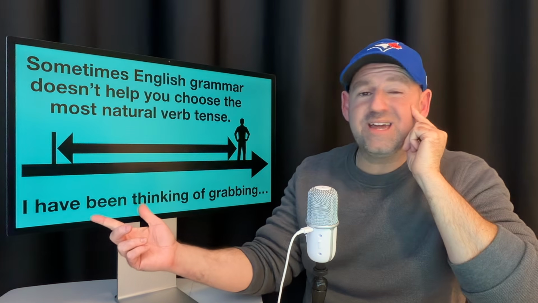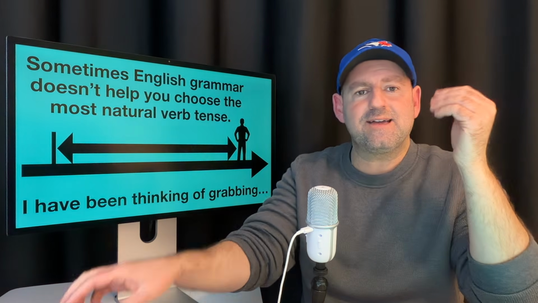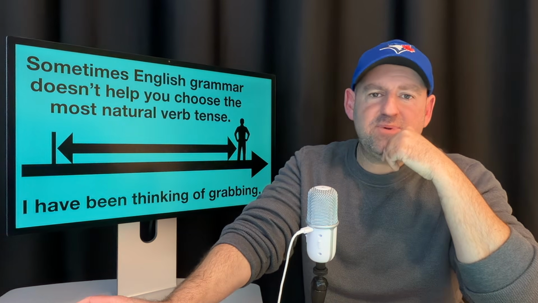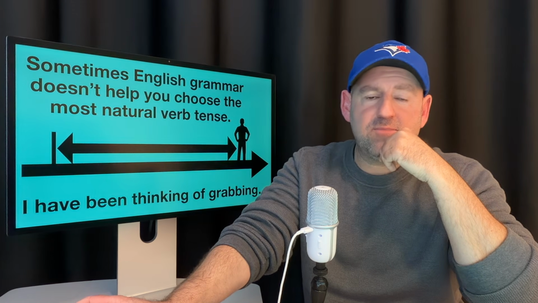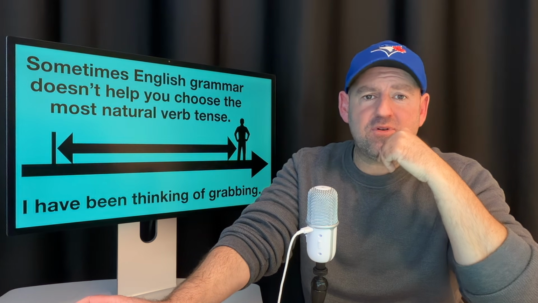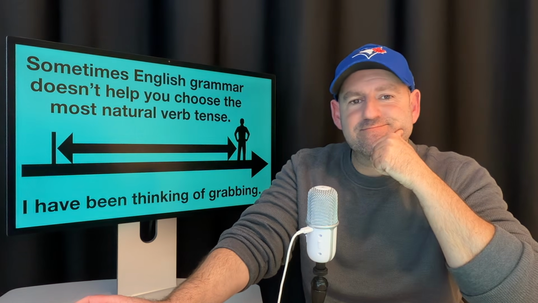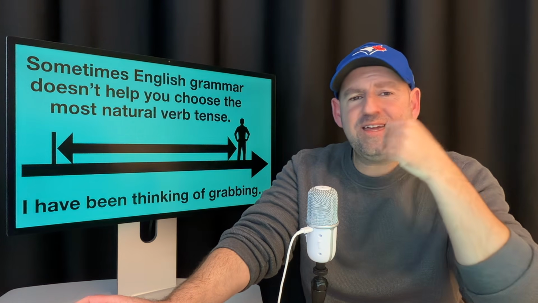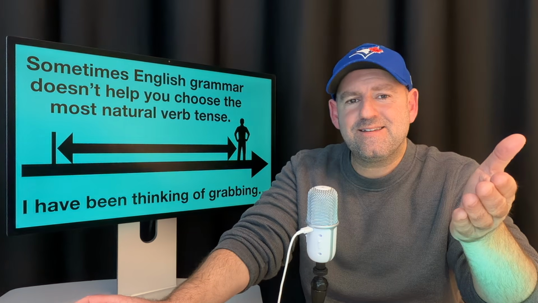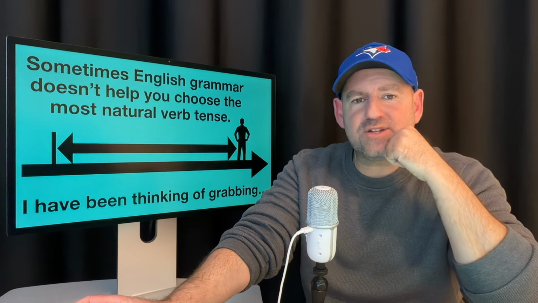We use it for bigger things. Okay, bigger things like I've been thinking of buying a new car, or I've been thinking of moving to, where do you want to move to? I've been thinking of moving to South Sudan, right? South Sudan is a country in Africa.